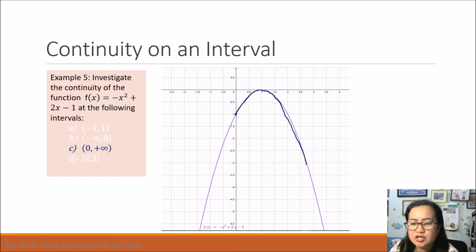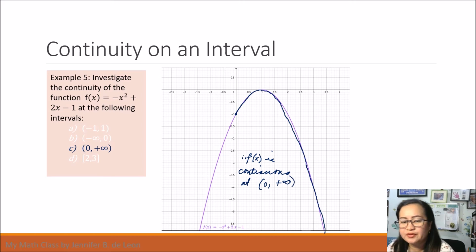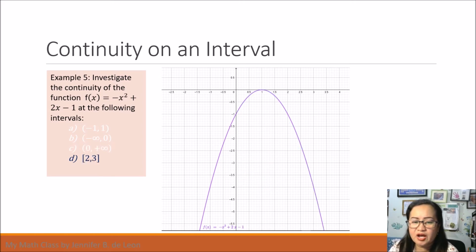As you can see, we can trace the graph continuously without lifting our pen. So that means f of x is continuous on the interval from 0 to +infinity.